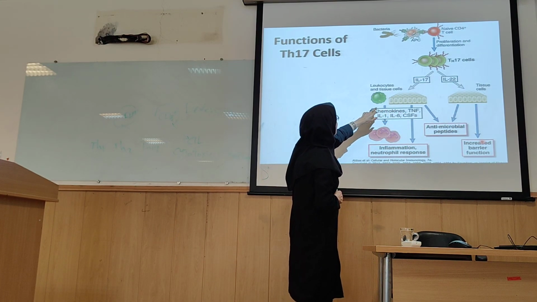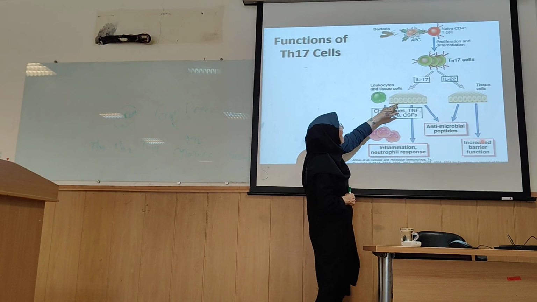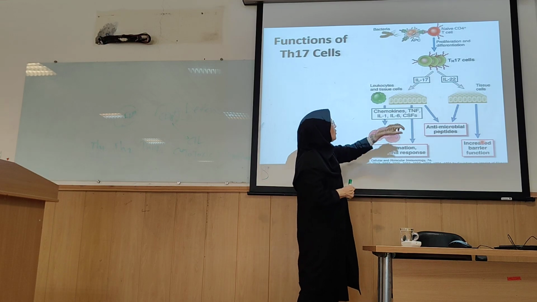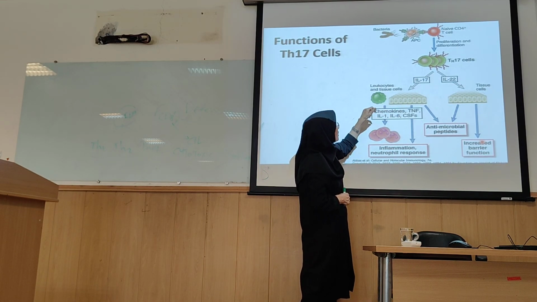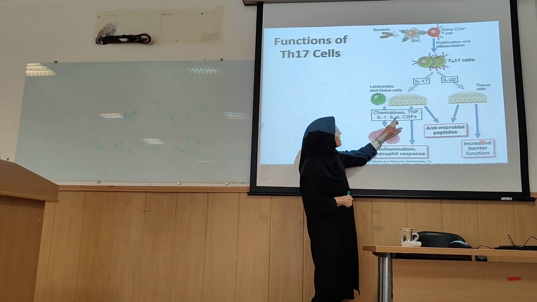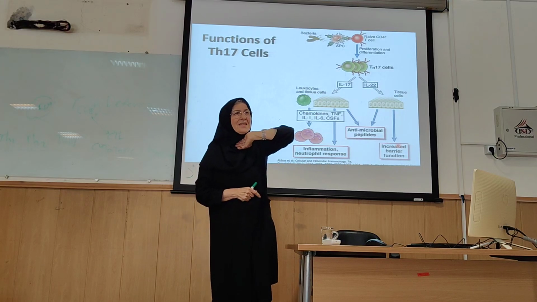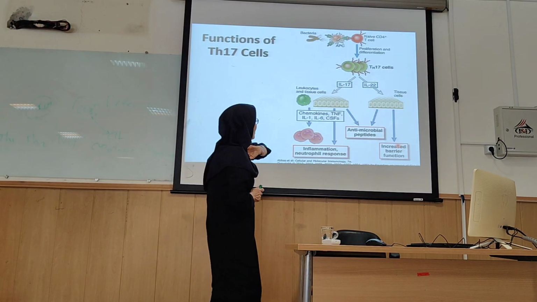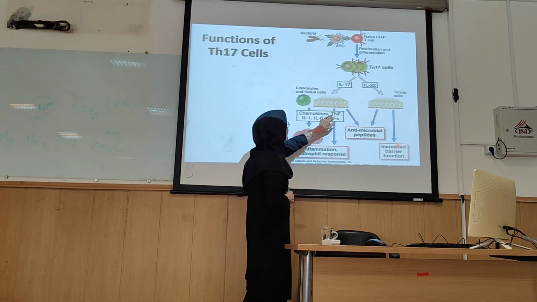IL-17 affects leukocytes, tissue cells, and B cells in the skin and other tissues. These cells are induced to produce chemokines, TNF, IL-1, and CSF, colony stimulating factors.